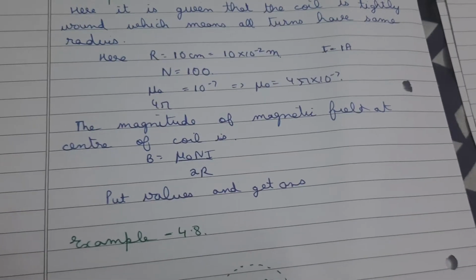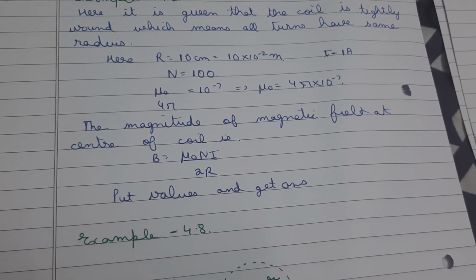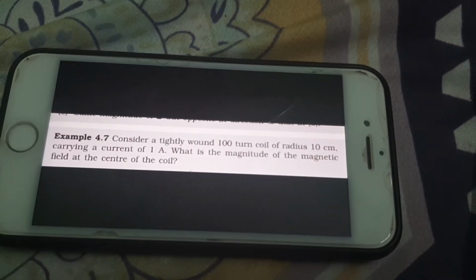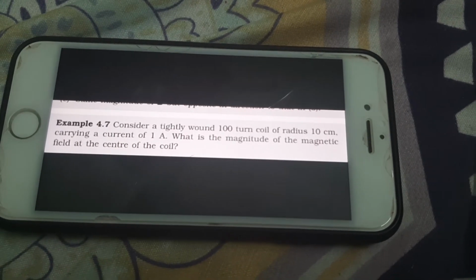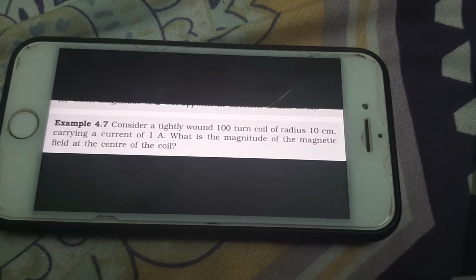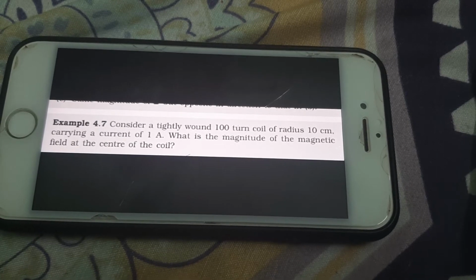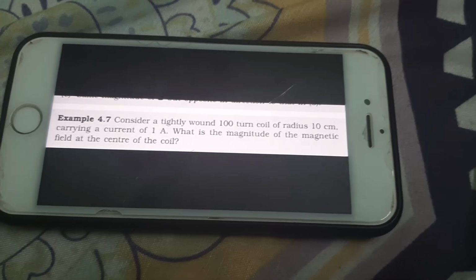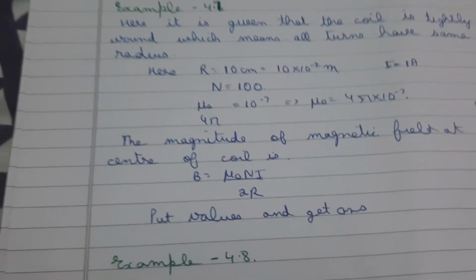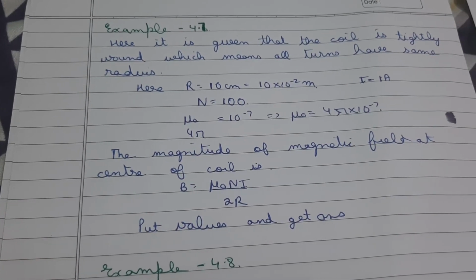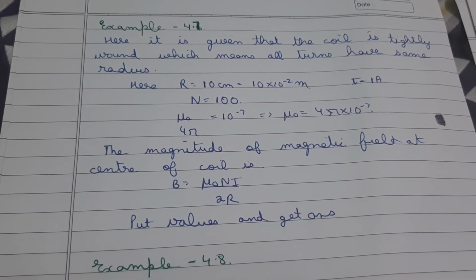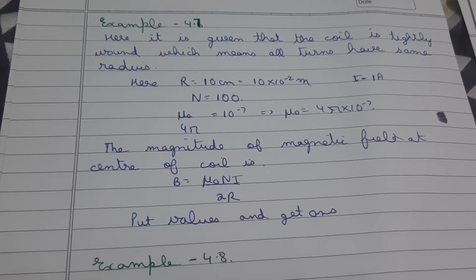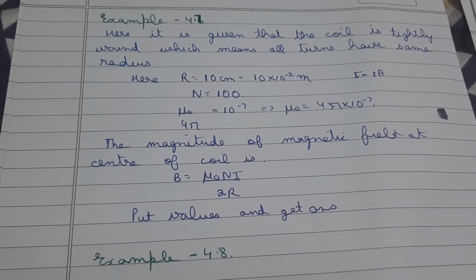Next example is example 4.7. Consider a tightly wound 100-turn coil of radius 10 centimeter carrying a current of 1 ampere. We need to find the magnitude of magnetic field at the center of the coil. Here it is given that the coil is tightly wound, which means all the turns have the same radius, that is 10 centimeter, which is equal to 10 into 10 raised to power minus 2 meter.